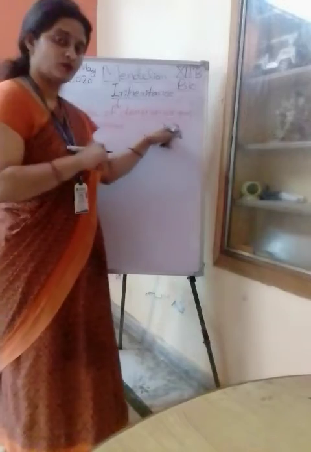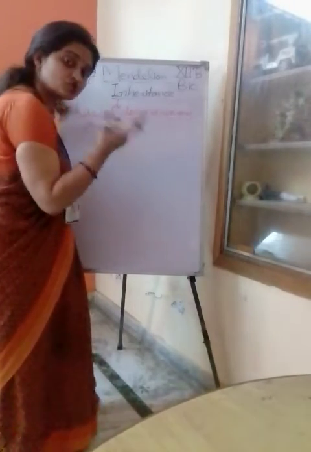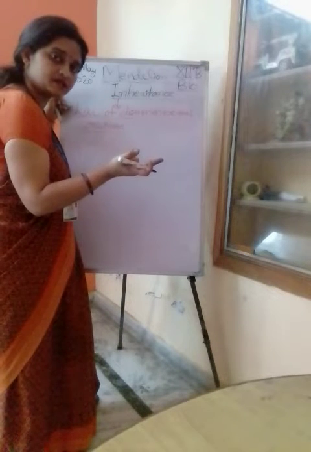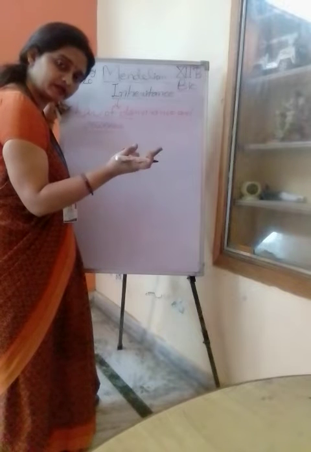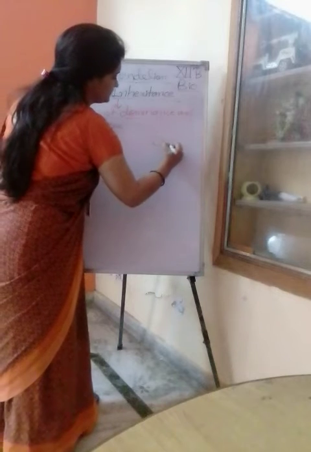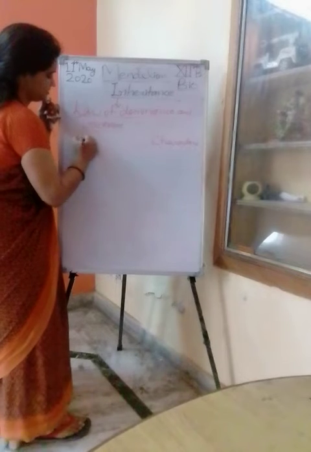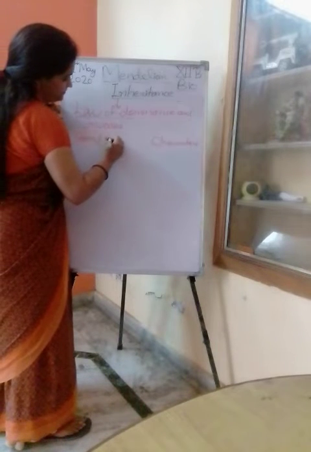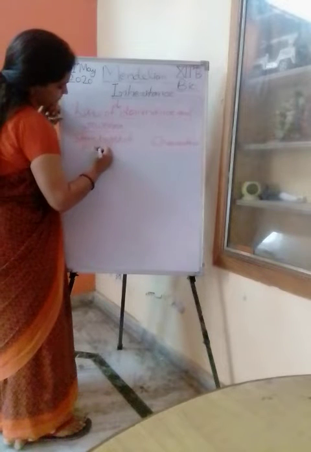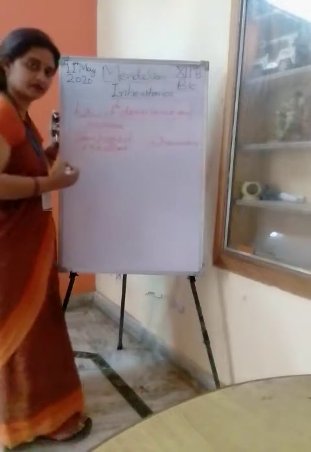What is the one character? Mendel took the stem height of the plant for the first law. So the character is the stem height of the pea plant. That is a very important character.